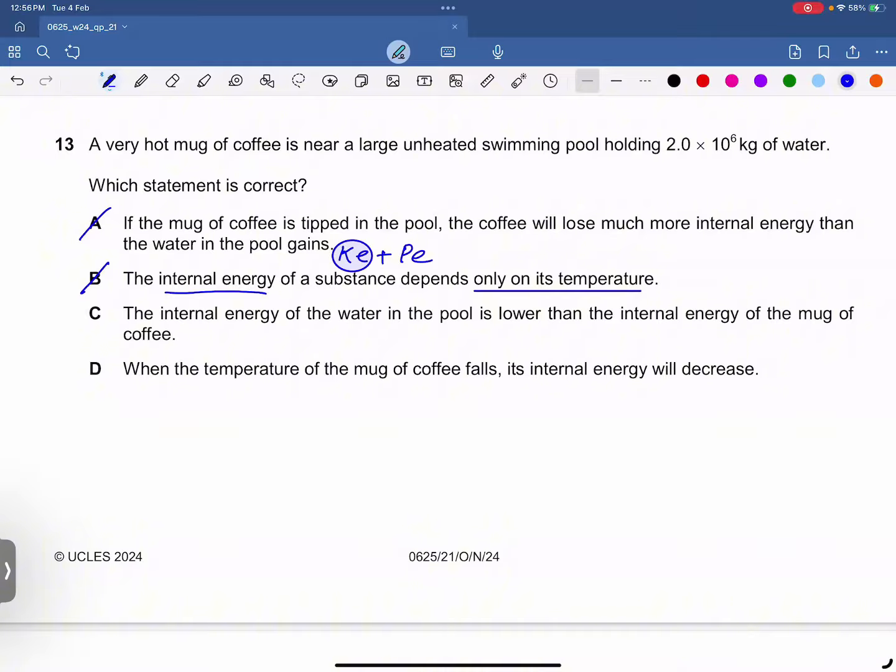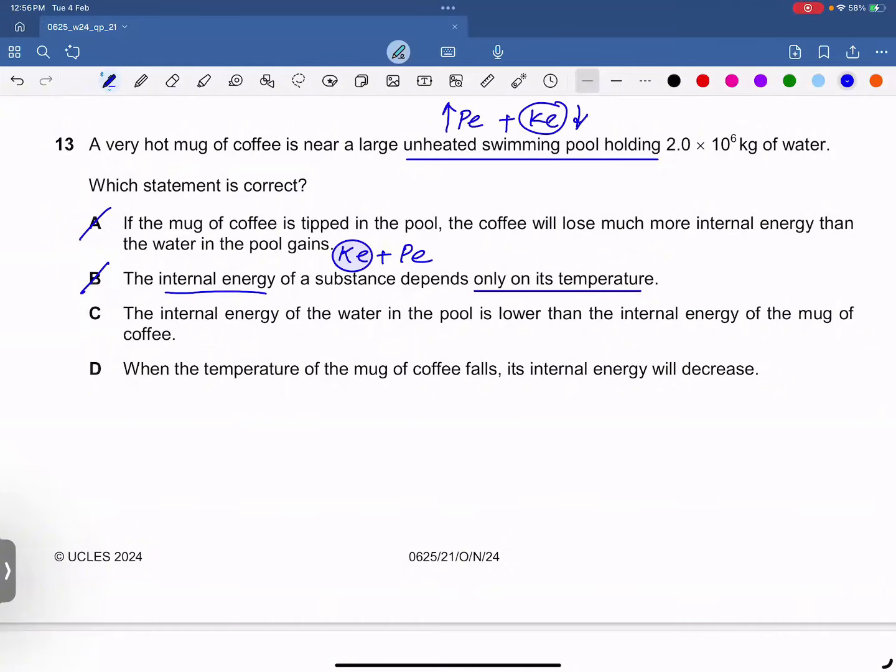Option C: internal energy of water in the pool is lower than internal energy of the mug of coffee. No, it's also no. They say it was unheated. Unheated means it has potential energy plus kinetic. Kinetic could be lower, but potential is more.